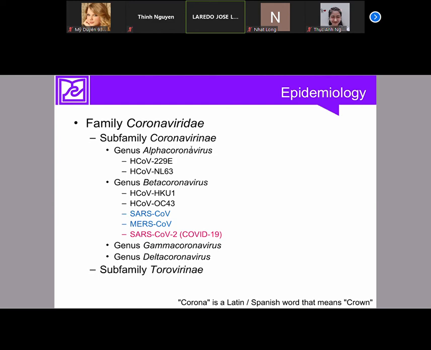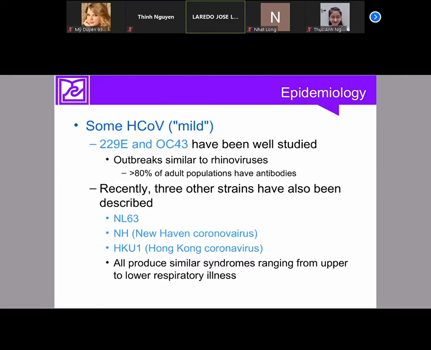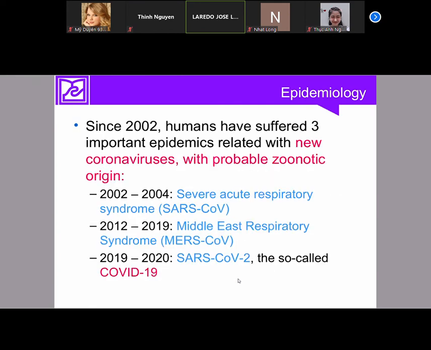The old coronaviruses, like this one, or this one, or this, were discovered a long time ago, and they are very common in the world for a long, long time. The new coronaviruses appeared in the last 15 years, okay? The old coronaviruses usually cause mild diseases. They are related with upper respiratory tract infections, usually the common cold. But we are not going to say anything about them.